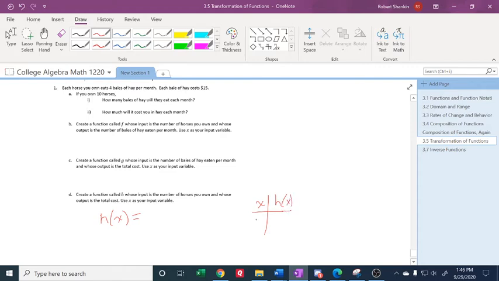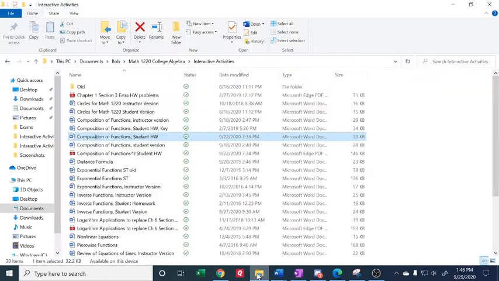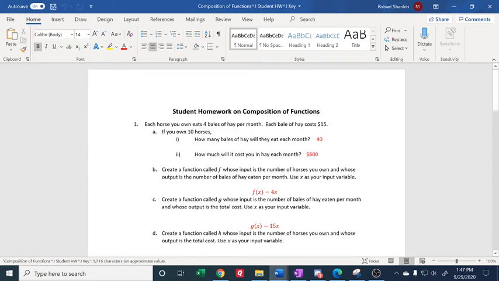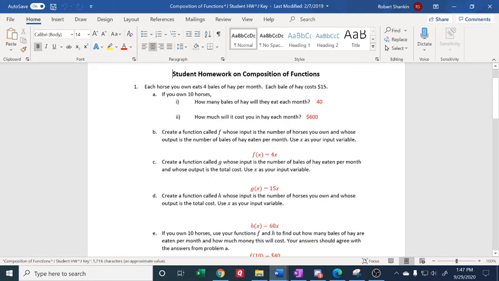If I had 1 horse, it would eat 4 bales of hay. And each bale of hay would cost $15, and it would give you 4 times 15. Okay, so really though, to see all of this, we need to see the answers for the other ones. So let me show you here.